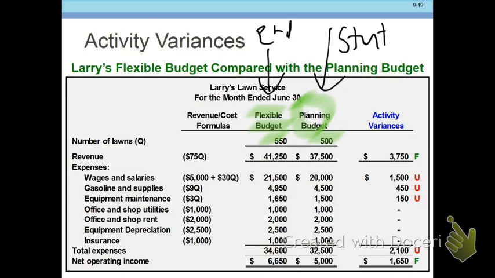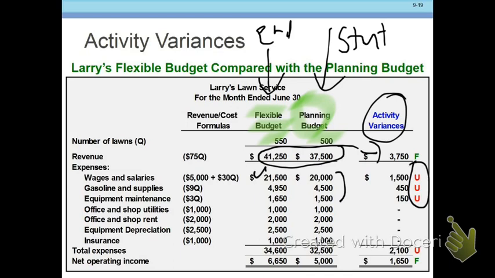Now we can see, based upon our activity levels, our revenue was favorable. But notice our expenses here are all unfavorable. Why? Because we spent more. Our flexible budget shows that it should have been bigger than our planning budget, and that's all due to just activities.